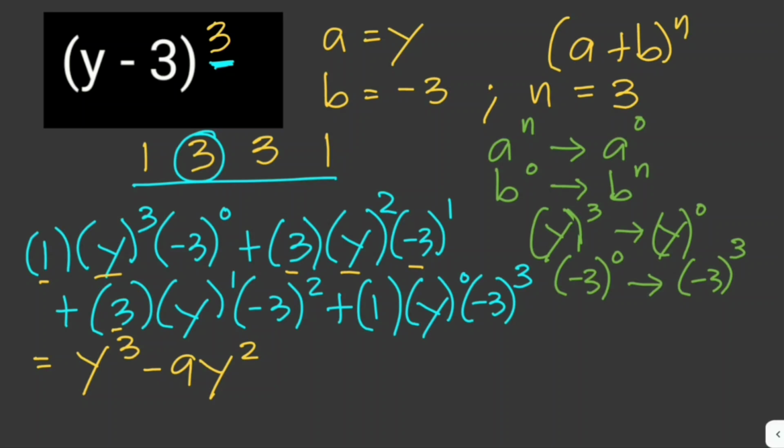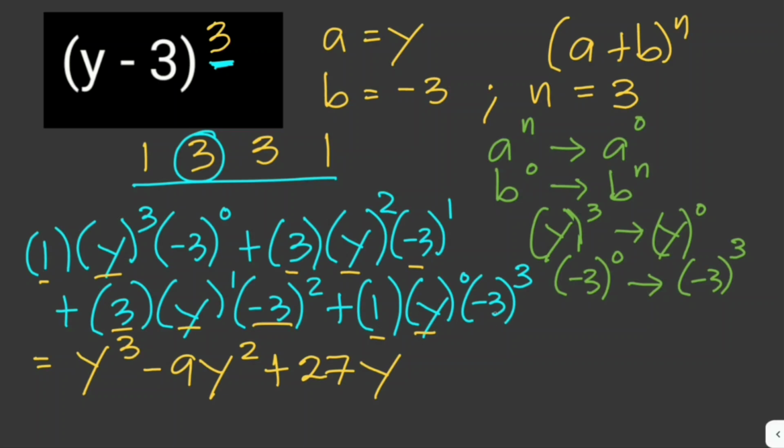And then 3 times y, which is 3y, times negative 3 squared, which is negative 3 times negative 3, equal to positive 9. And positive 9 times 3 is just 27. So this is positive 27y. And then 1 times y to the 0, which is equal to 1.